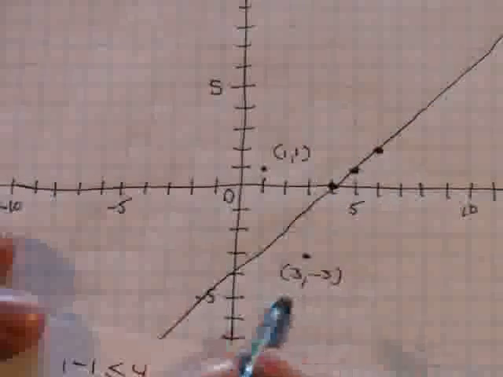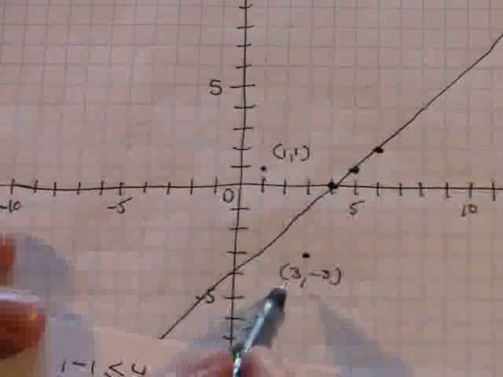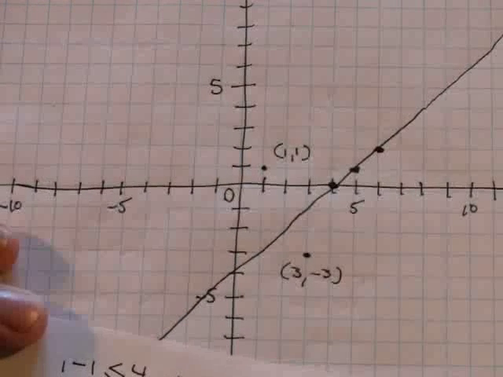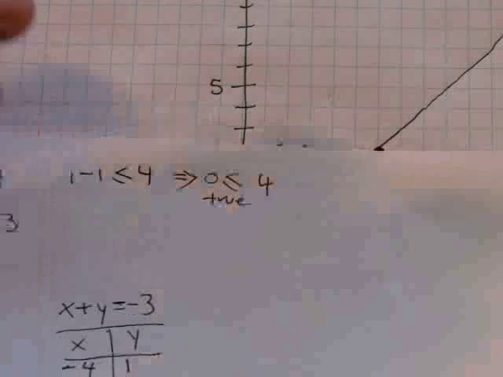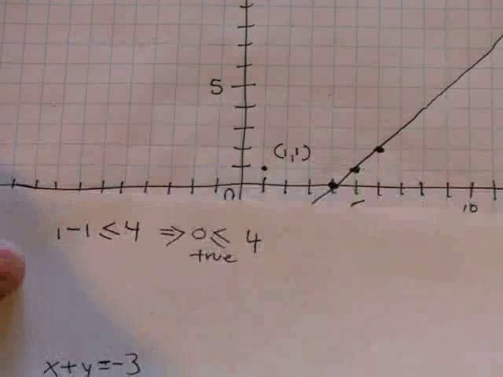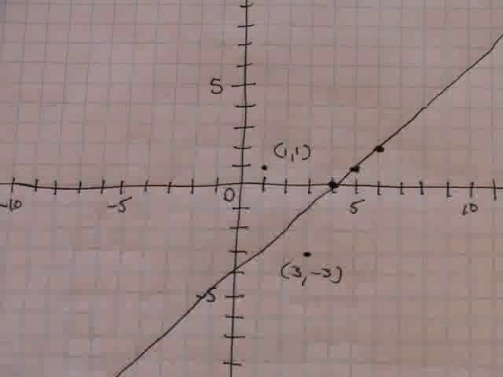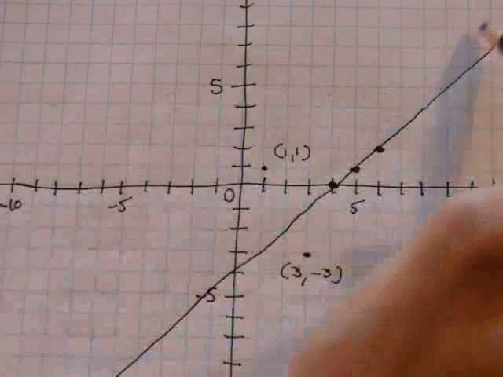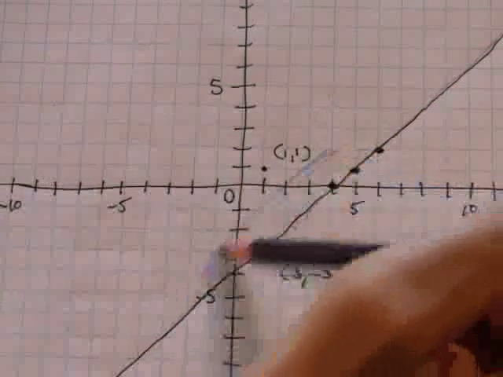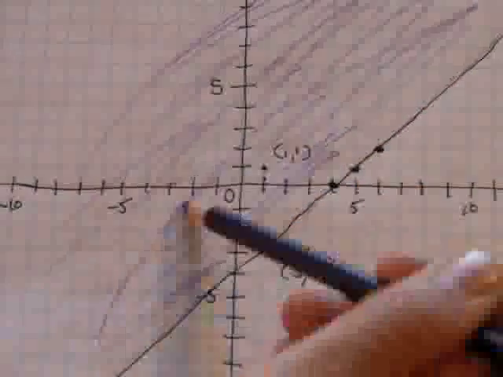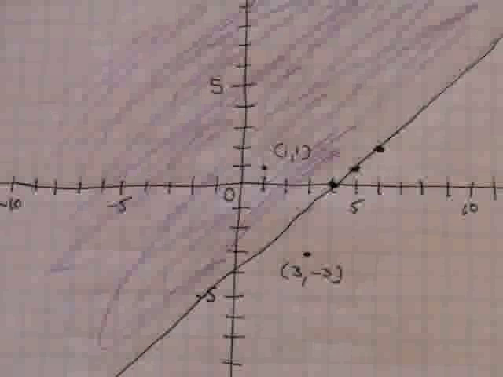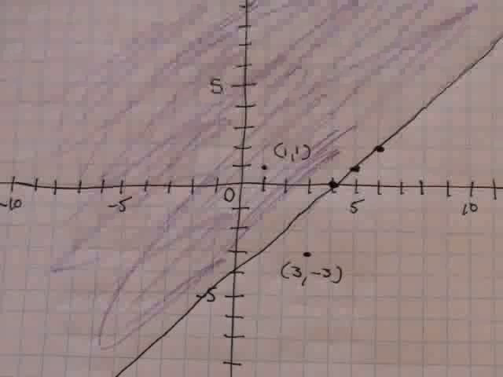And you could go ahead and plug the other one in as well, because if it comes out false in that inequality, then that's just a way to double check it. As we've already figured out which side is true, we'll go ahead and shade the top portion because this is the one with the ordered pairs. I'm not going to color too much in here, just for time's sake. But you get the idea. That's going to be the half that has our ordered pairs that satisfy the inequality.